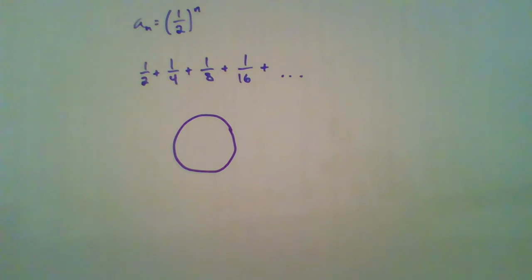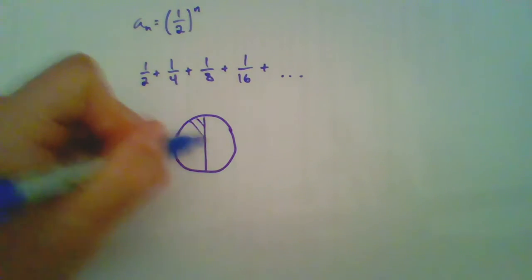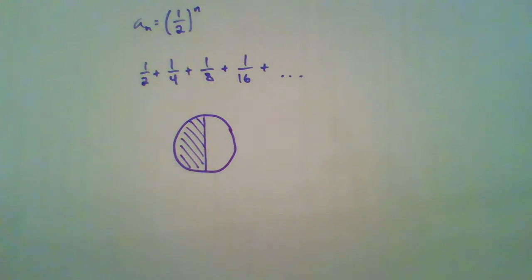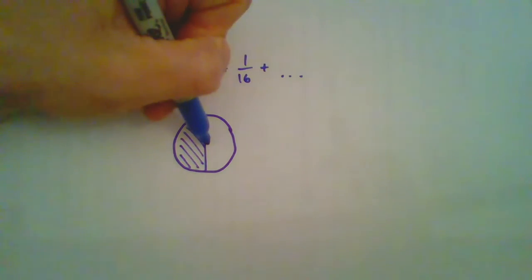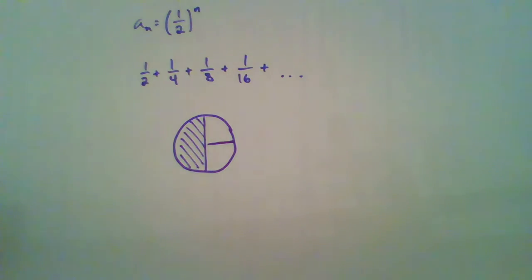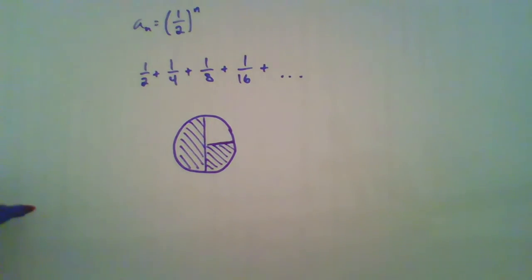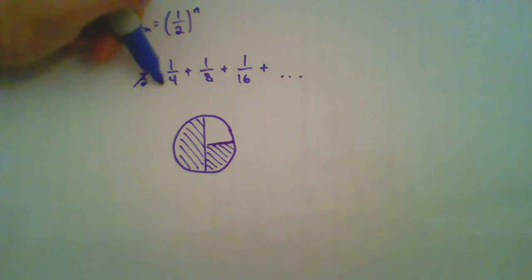So our first term is we start with 1/2. To that we add 1/4. So 1/4 is half of this piece that we've got left. So that's 1/2 plus 1/4.